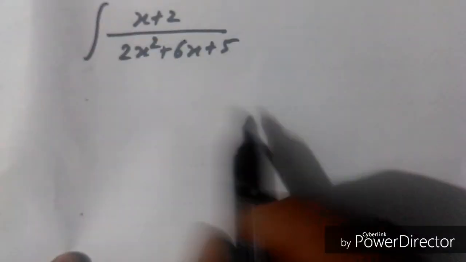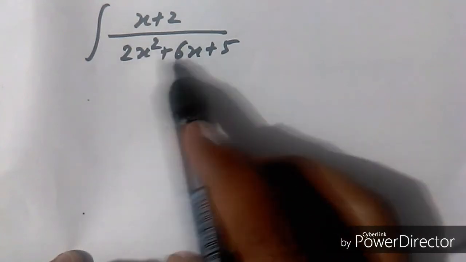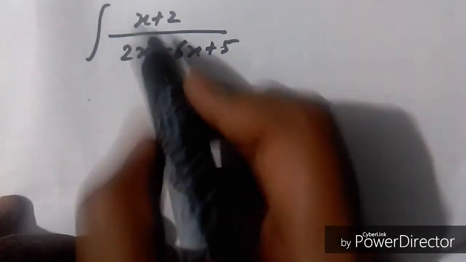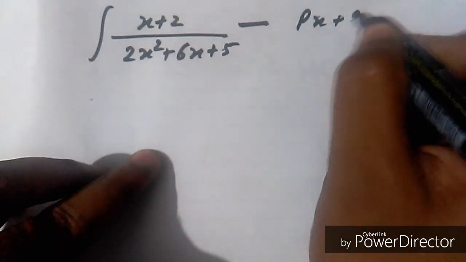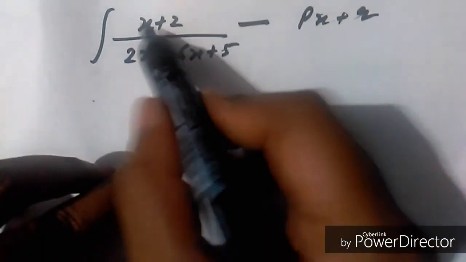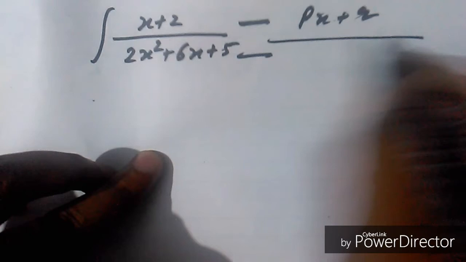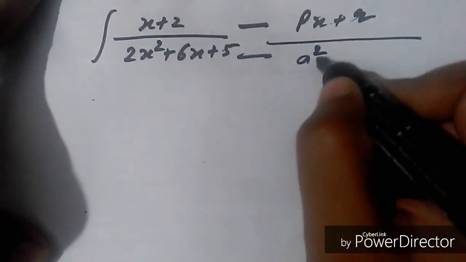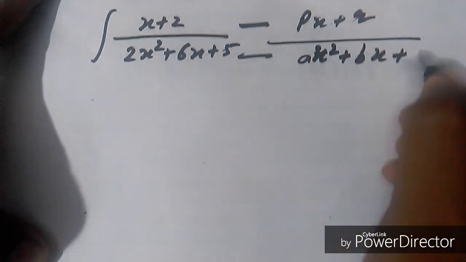The first example is the integration of (x plus 2) by (2x square plus 6x plus 5). First of all we take it equal to px plus q, in which p is equal to 1 and x is as it is, plus 2 is q. And that equation is ax square plus bx plus c.